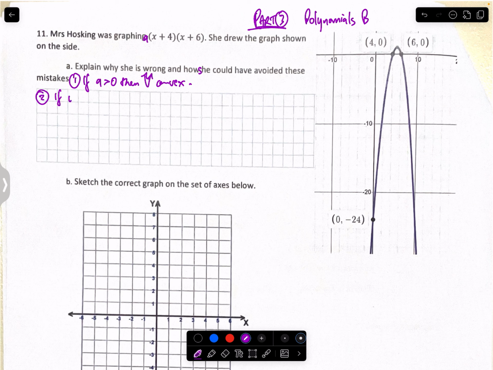Second, if y is equal to a(x take a)(x take b), in this context it's not h and k, then the intercepts are at x equals a and x equals b.